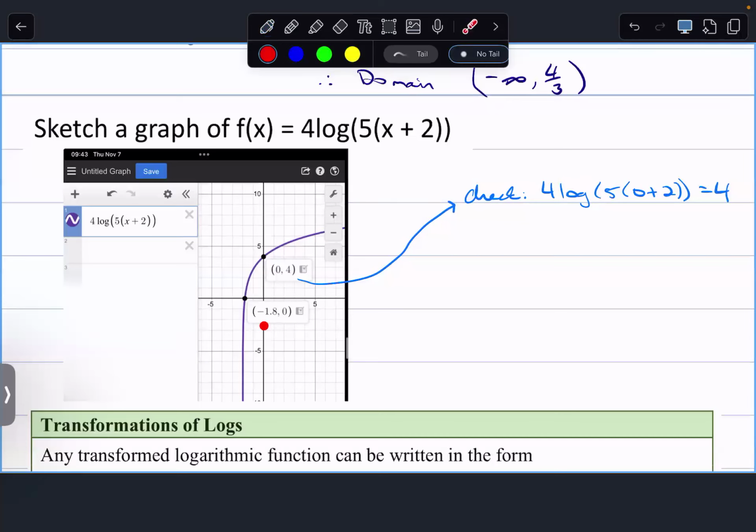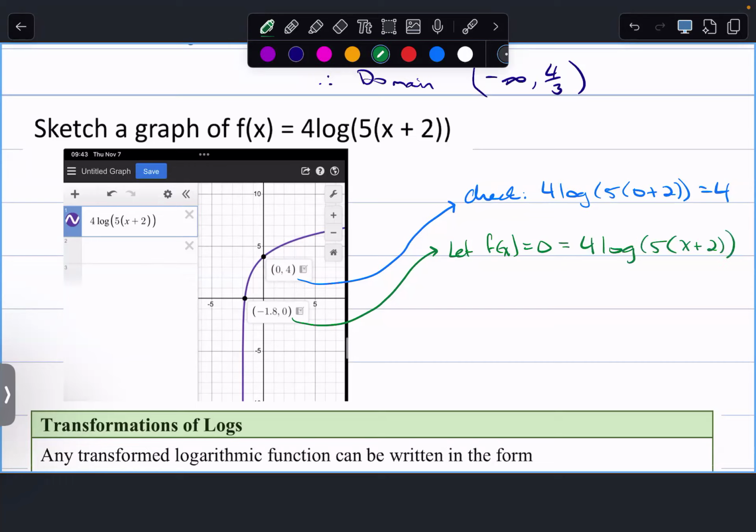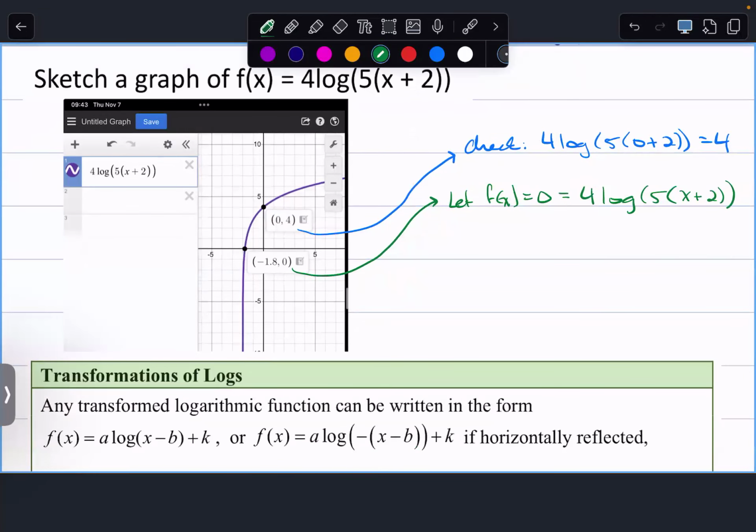How about this little guy? What about when y is 0? Right, we can solve this. We can let f of x equal 0, equal to 4 log of 5 times x plus 2. So now I can divide both sides by 4, and I still have just 0 divided by 4.